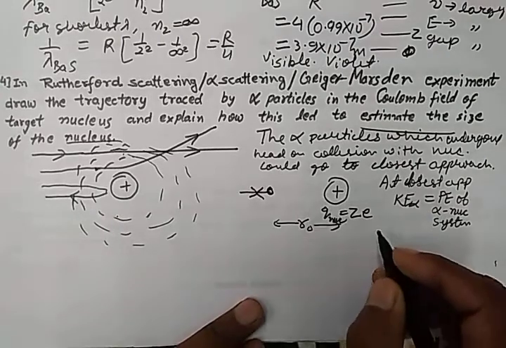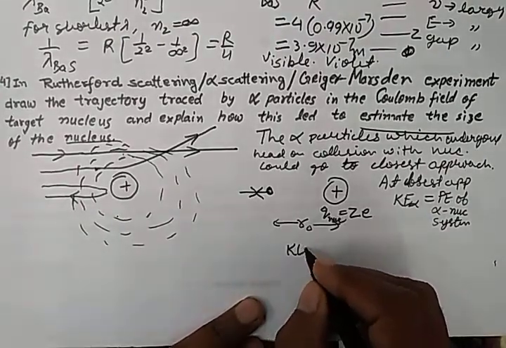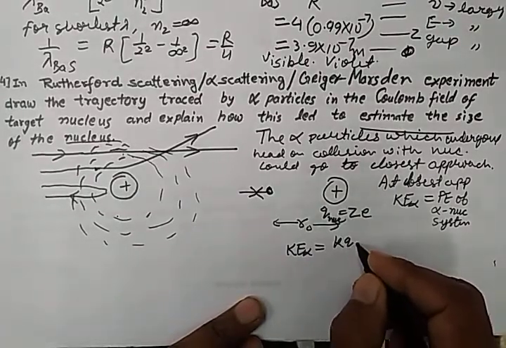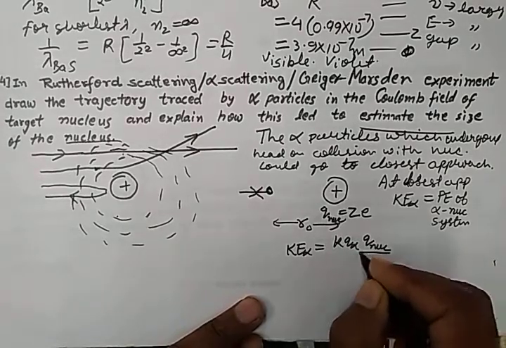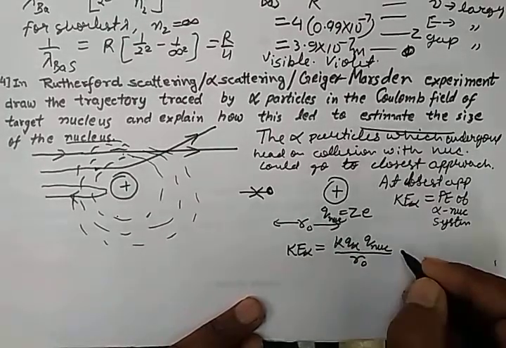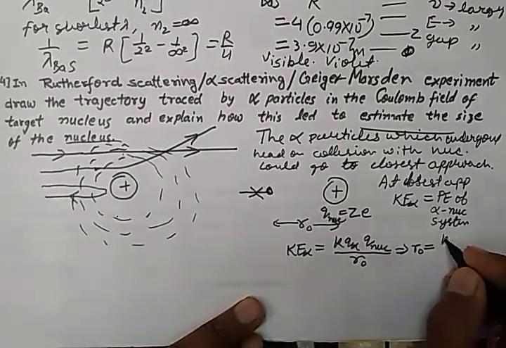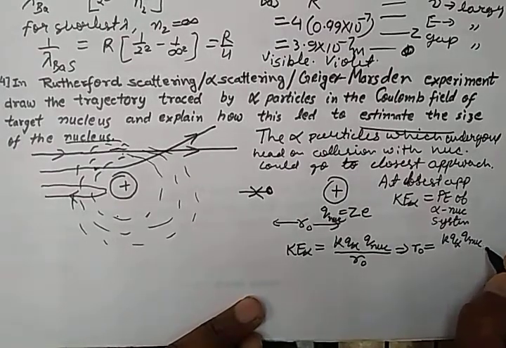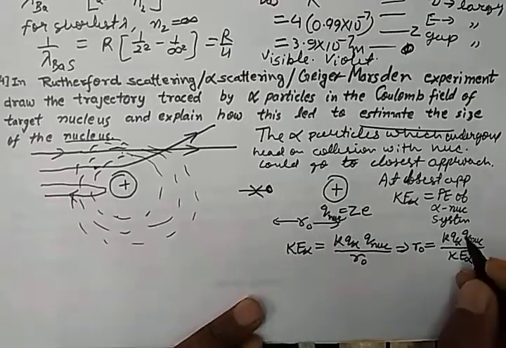So that's all, we did it. So kinetic energy of alpha particle is equal to k q alpha q nucleus upon r naught. So r naught is equal to k q alpha q nucleus upon kinetic energy of alpha.